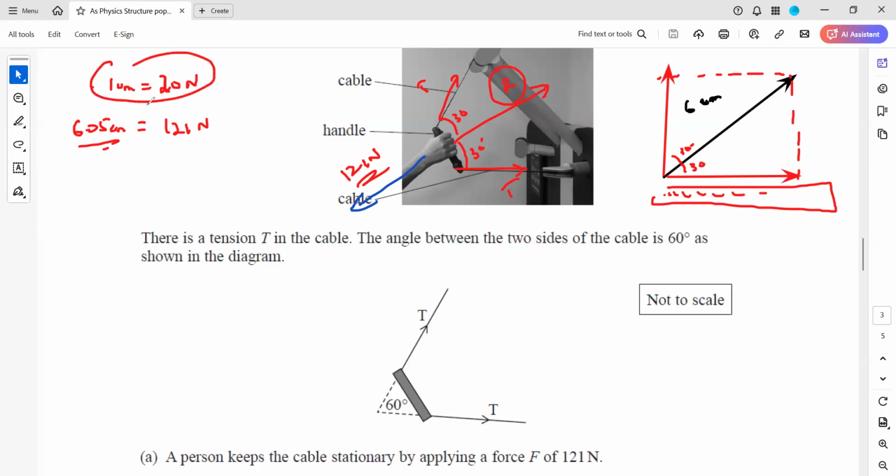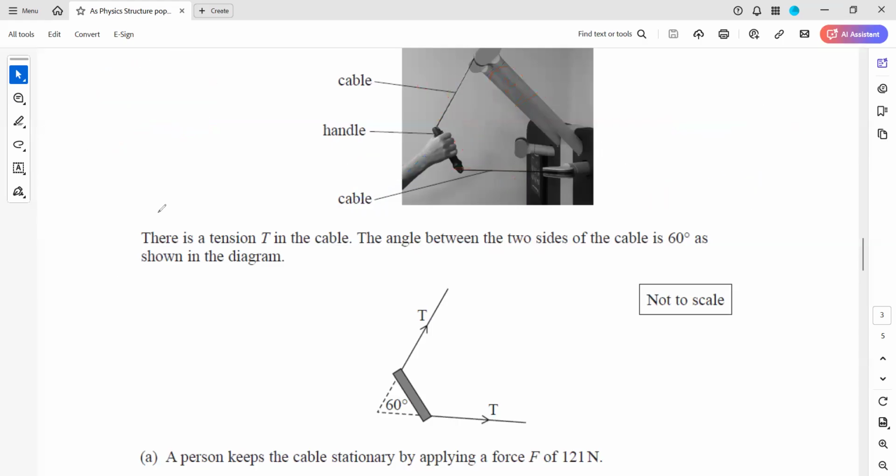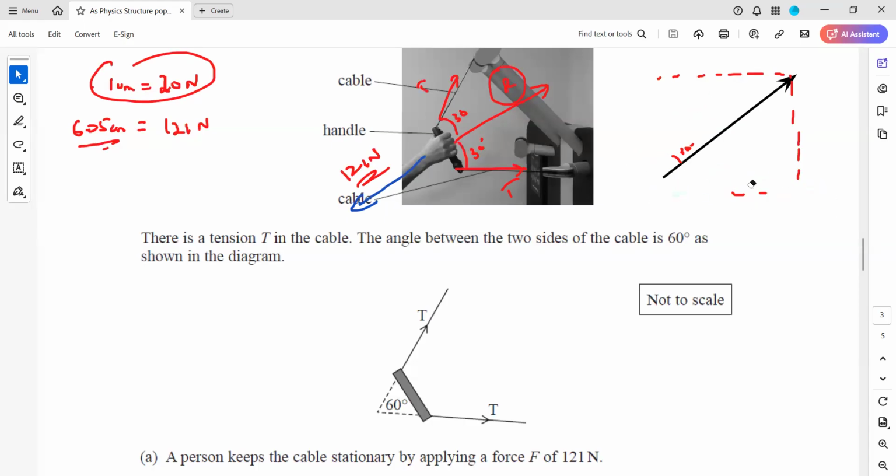That's one way. The second method, you can use the triangle method for this, where you know the resultant, which is 121 according to the scale. First, you can draw T at an angle of 30 to the resultant.